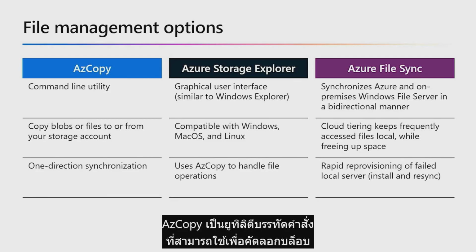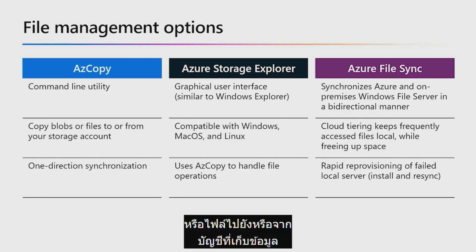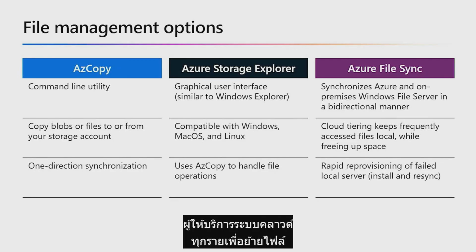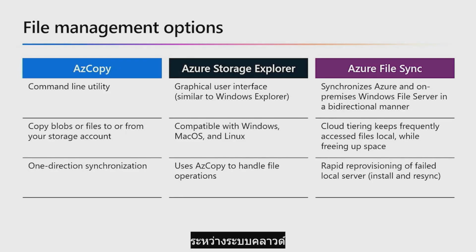AzCopy is a command line utility that can be used to copy blobs or files to or from a storage account. With AzCopy, you can upload, download, copy files between storage accounts, and even synchronize files. AzCopy can also be configured to work with other cloud service providers to move files between clouds.